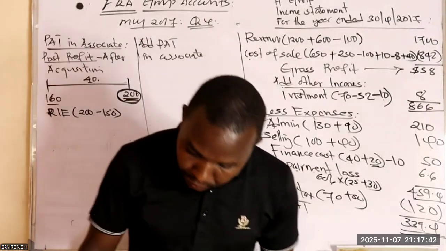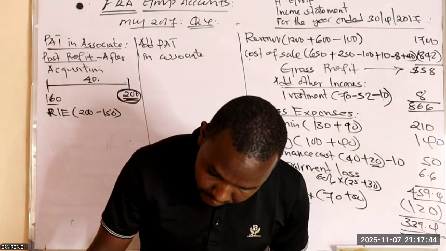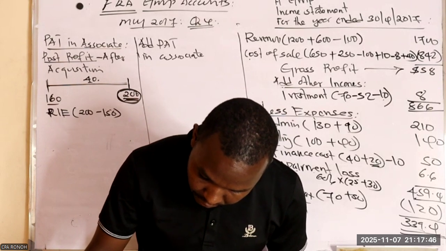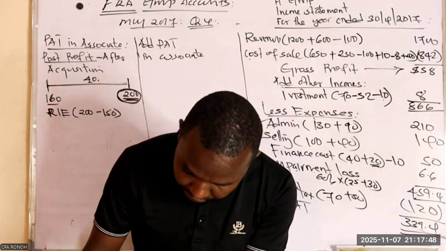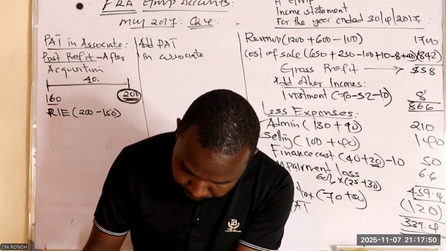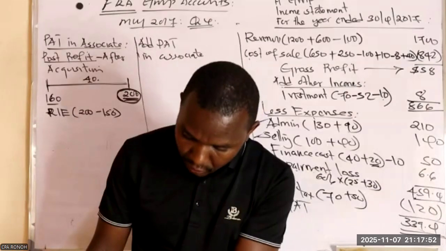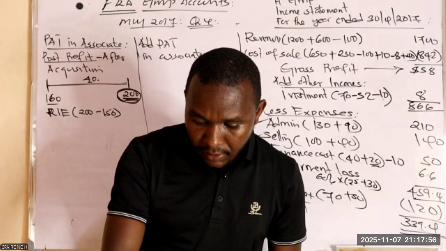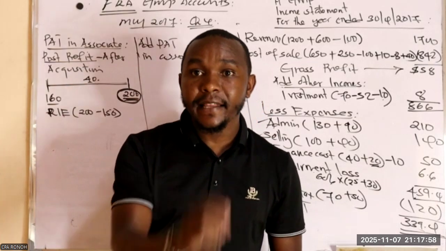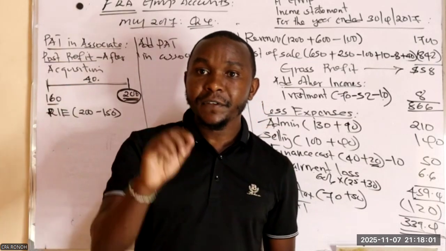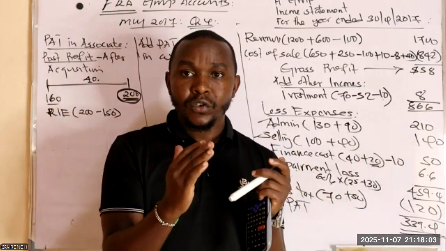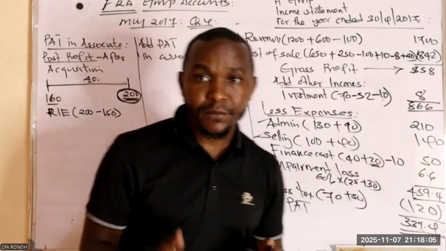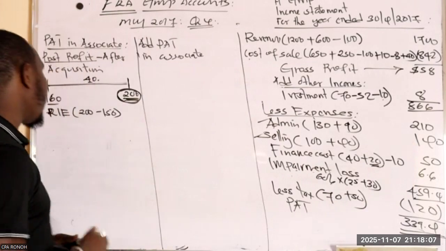If you go to your balance sheet, there's a revaluation reserve of 50, but of that 50, 25 relates to the beginning of the year. This 50 is for the entire period, so you take 50 minus 25 to get the post-acquisition revaluation reserve.